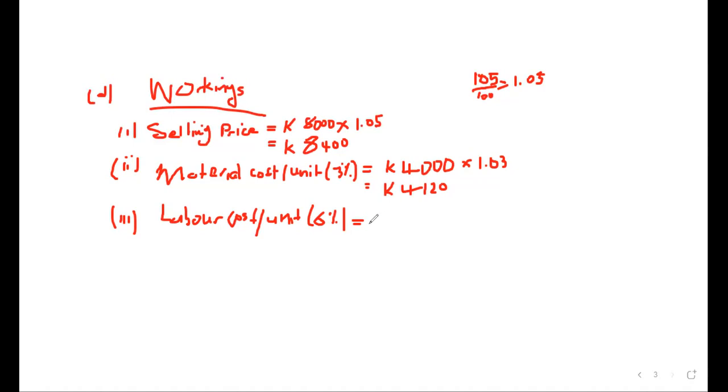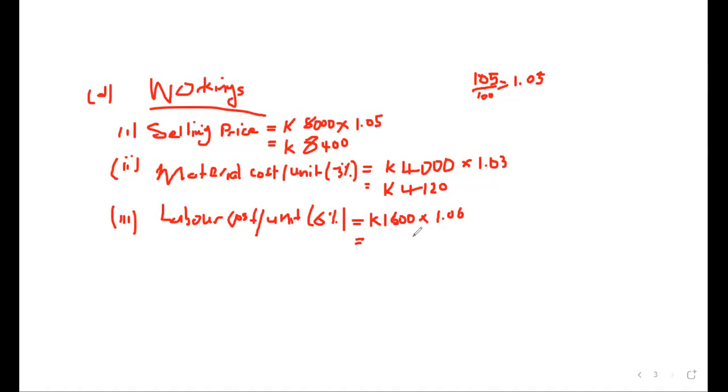So we have agreed that the current labor cost per unit is 1,600. Now we want to increase it by 6%, meaning 1.06 inflation factor.